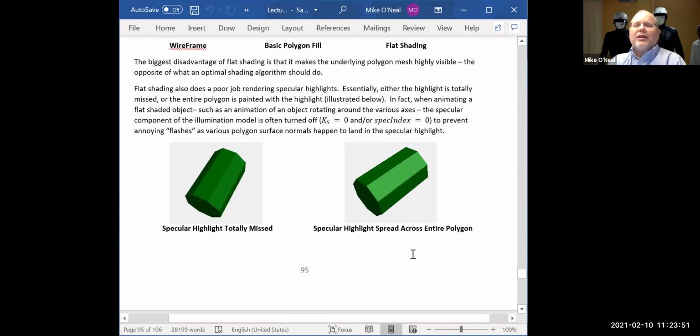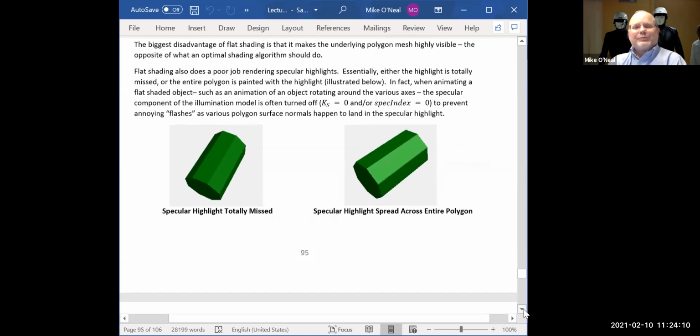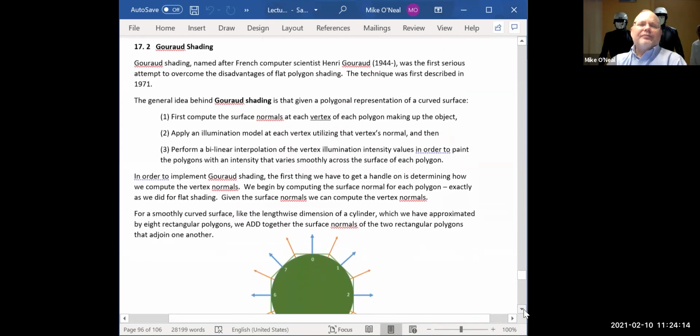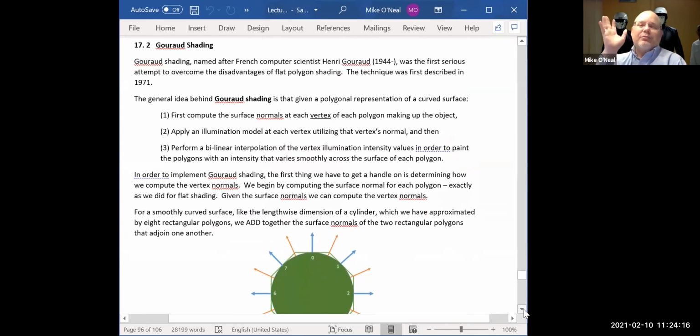You might say, well, that's not so bad. But if this thing is rotating in any way, then as this thing rotates, your polygons just occasionally flash a very bright color. That's what happens. So flat shading does a very poor job trying to hide the polygonal mesh. It basically doesn't. Okay. But it does make it look solid in 3D.